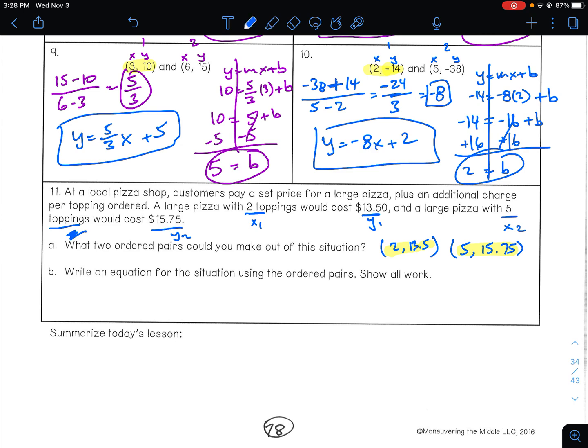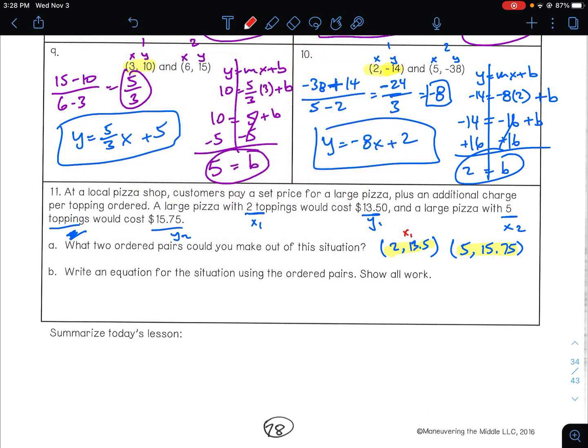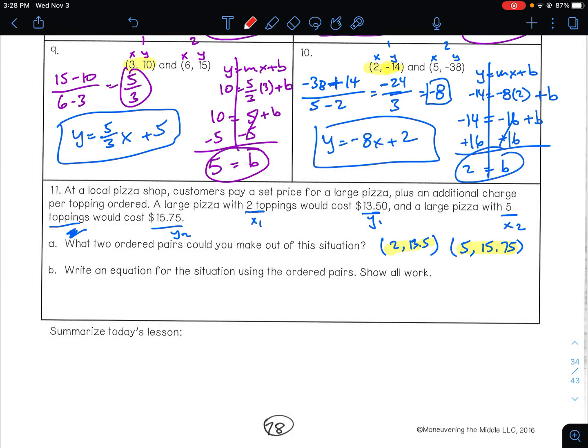So again, this will be number 1, this will be 2, this is xy, and this will be xy as well. So y2 is 15.75 minus y1, which is 13.5, over x2, which is 5, x1 is 2.